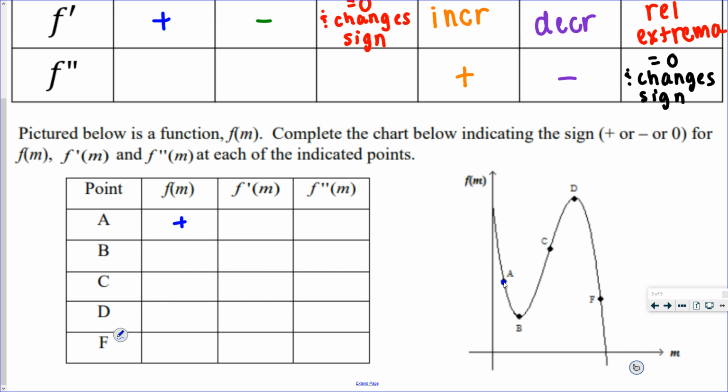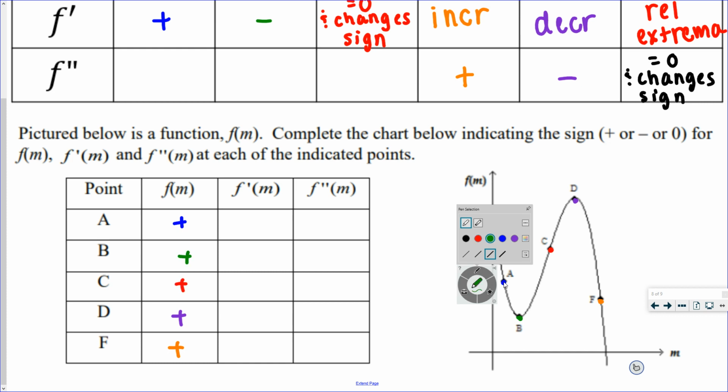All of these values are lying above, well, I shouldn't say my x-axis. According to this one, my m-axis. So those are all going to be positive. Positive, positive, C positive, B positive.